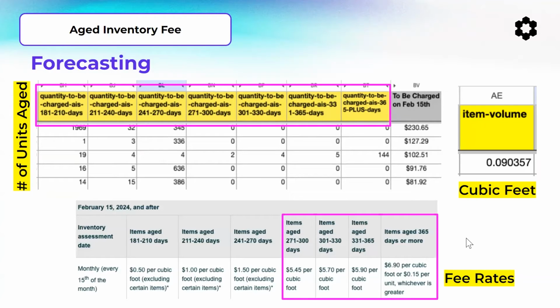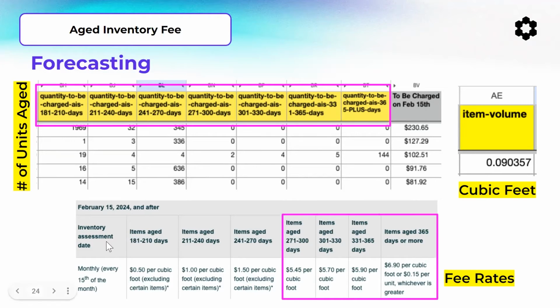If you look down at the bottom, these are the fees as of February 15th of this year. And you can see, like we talked about, that huge increase in fees. So we want to focus on all of these columns from the point of those 9 months to the point of over a year, right? That's first and foremost. I would start from the oldest to the newest.